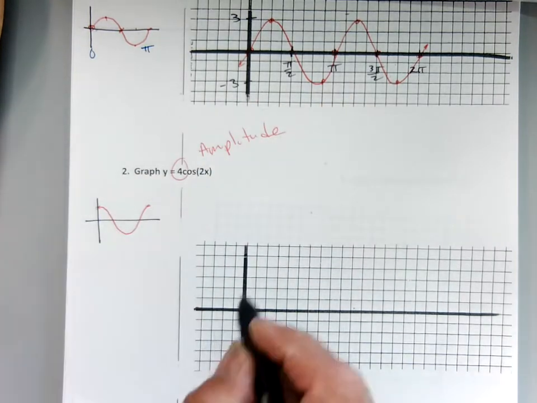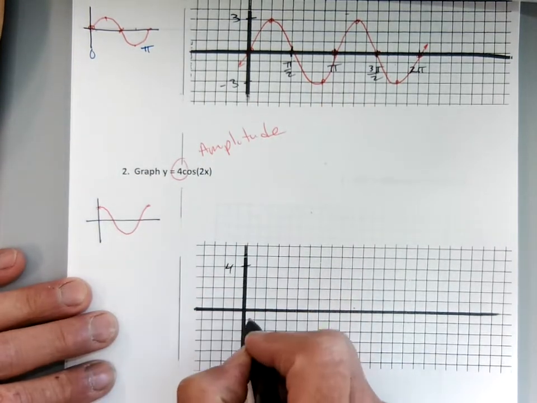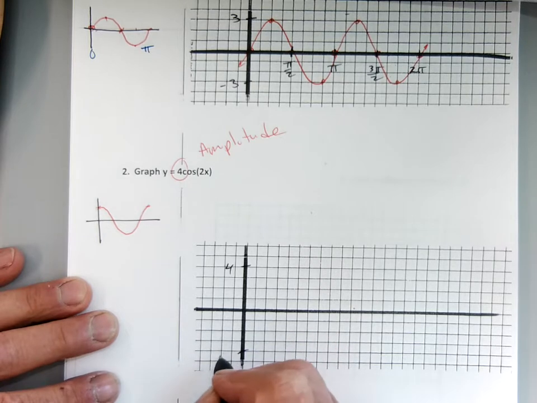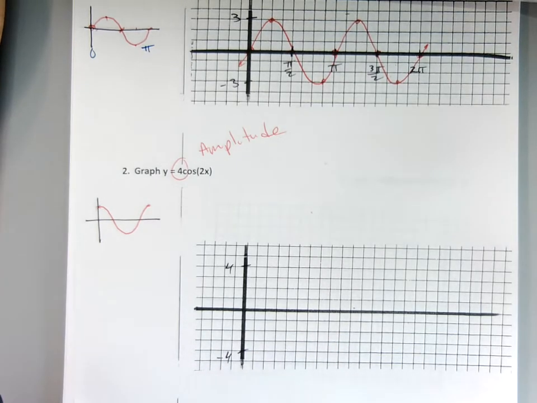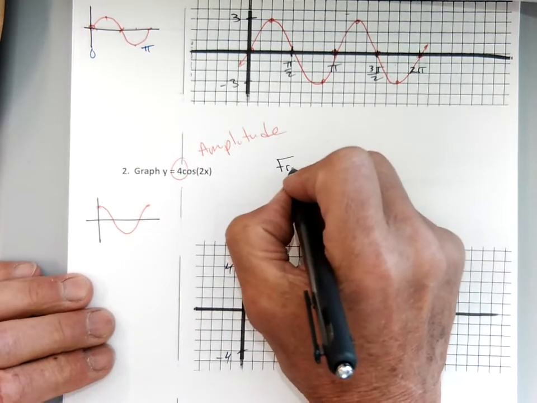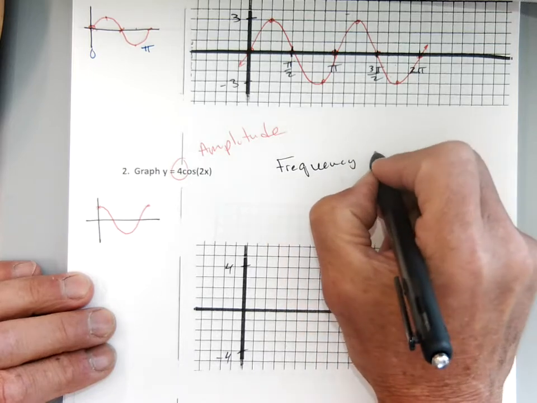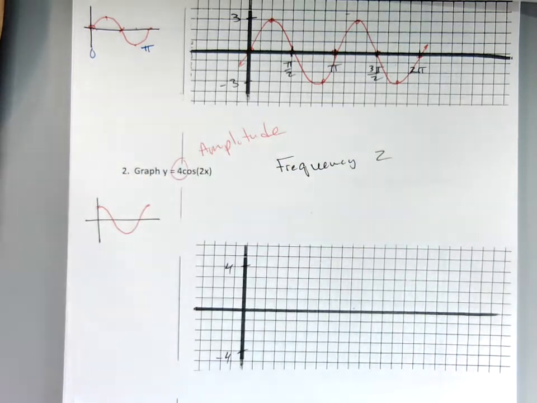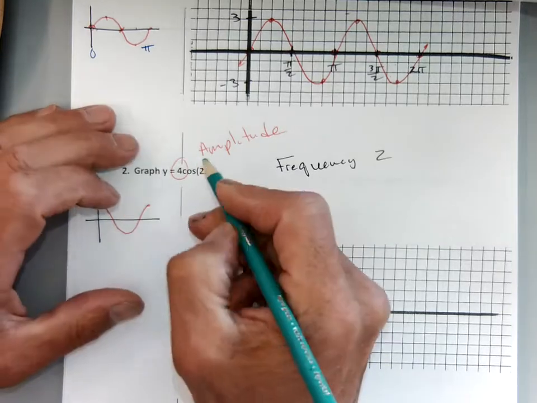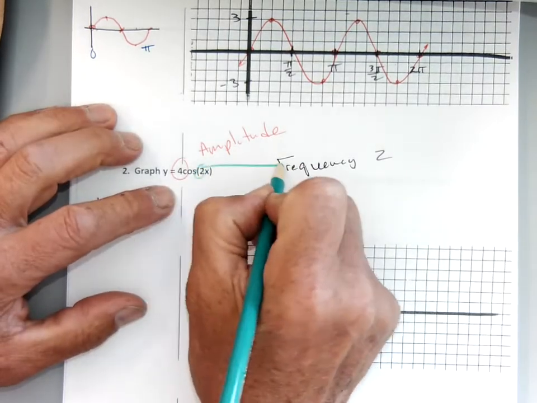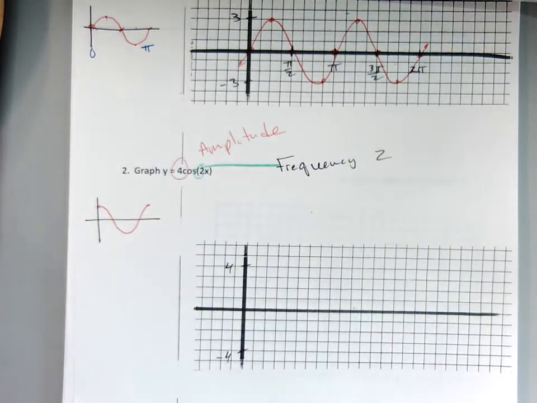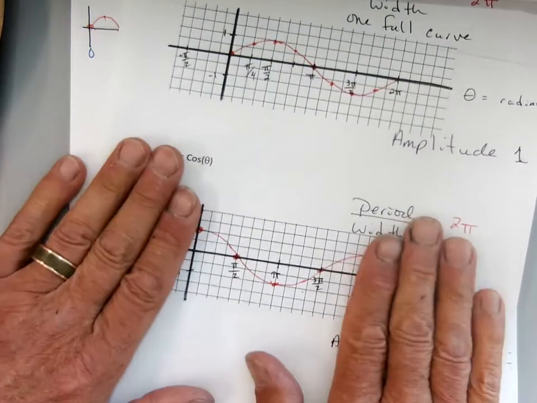So on my graph, I'm going to go to 4 and to -4. My frequency is 2. So I need 2 curves to fit between here.